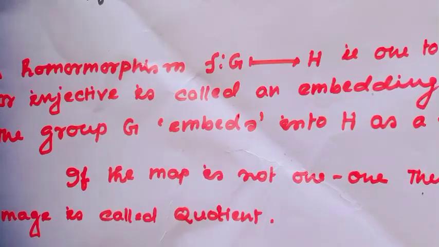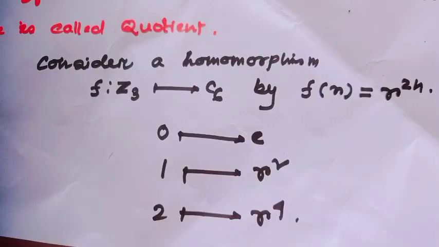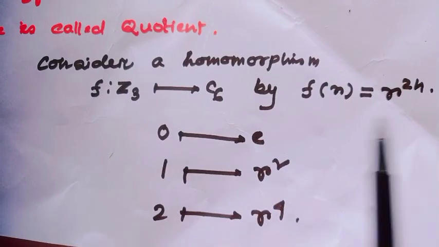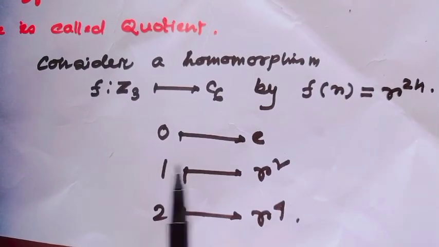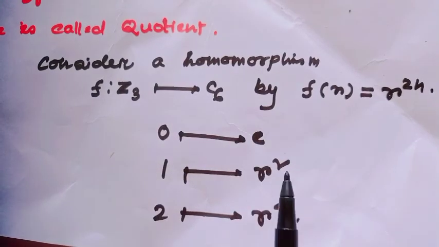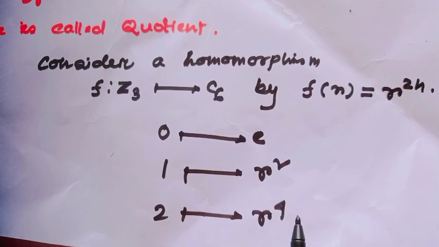Okay? Consider another homomorphism, f from Z3 to C6. C6 is what? It is generated by rotation 2 pi over 6, with f of n equal to r to the power 2n. Check it. It will always be a homomorphism. It always will satisfy the homomorphism condition. That means from this relation we can write here 0 maps to E, 1 maps to r square, 2 maps to r to the power 4.